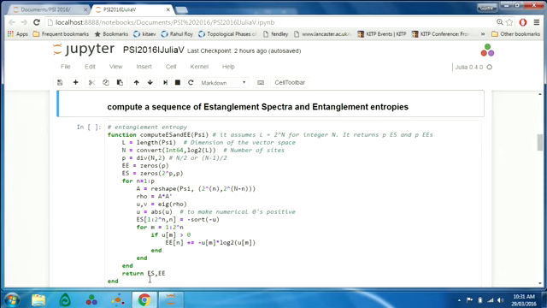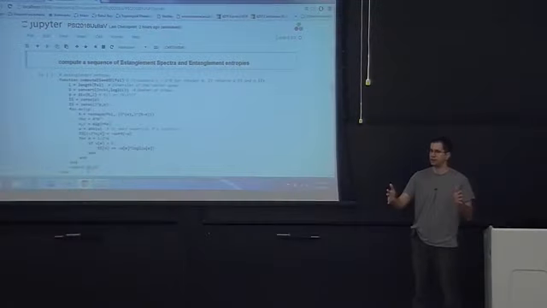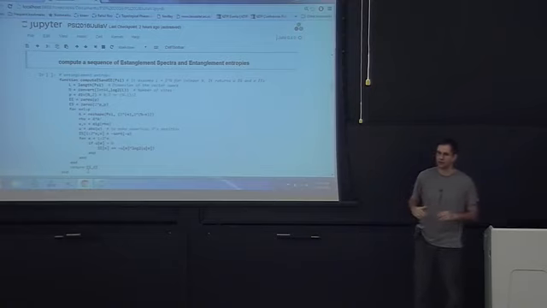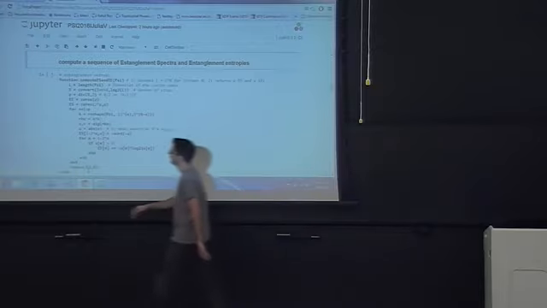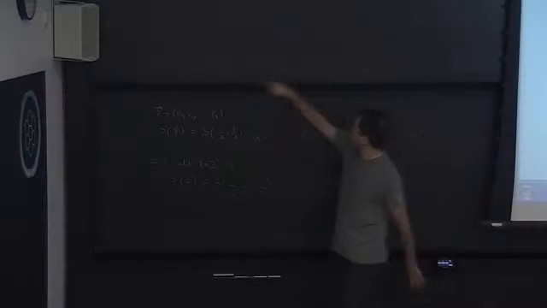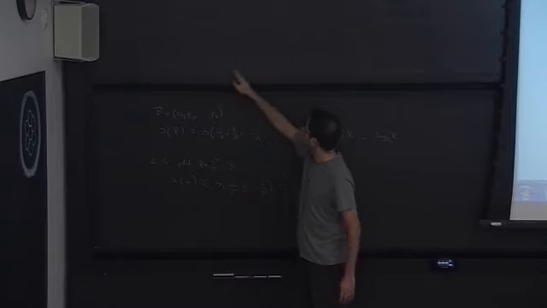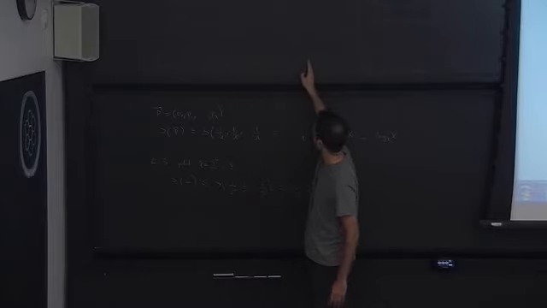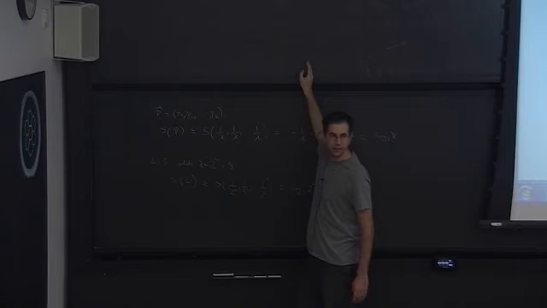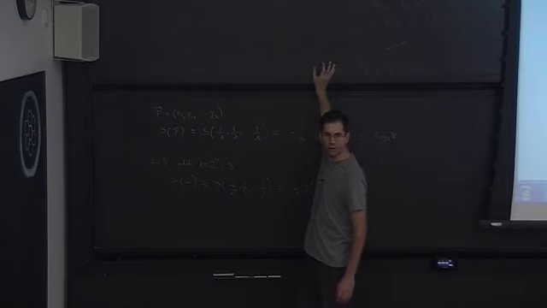And for computational reasons, I'm going to stop after we get to half of the chain. I'm not going to compute the entropy of more than half of the qubits, because it would take too long. We would have to build a reduced density matrix which is too large. So in this sequence, A4 will take 4 qubits, A6 would take 6 qubits. But actually, if I really wanted this entropy, I could compute the entropy of B, which would be smaller.